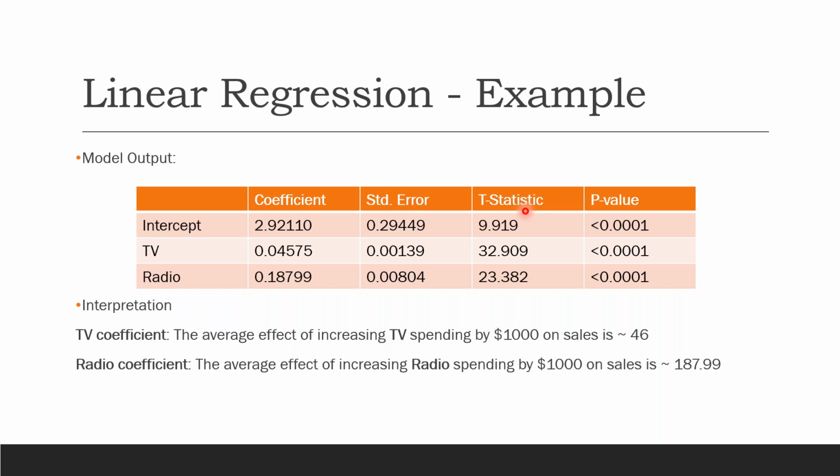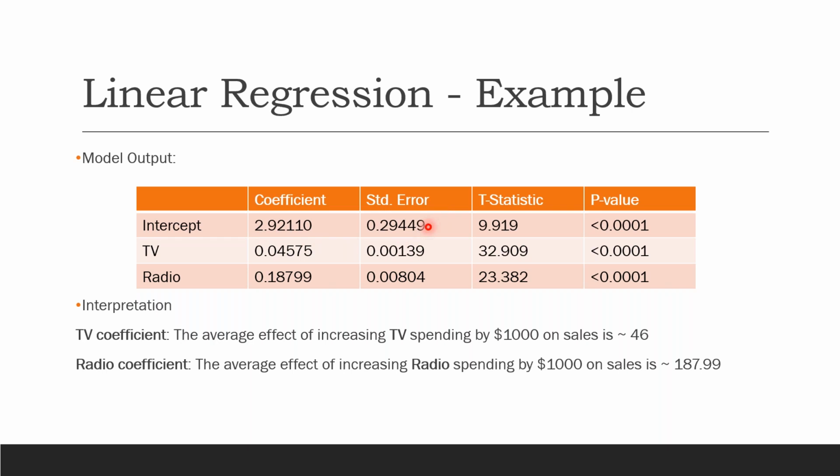This t-distribution has a mean of 0. So what we're doing is seeing where on the distribution the t-statistic falls.